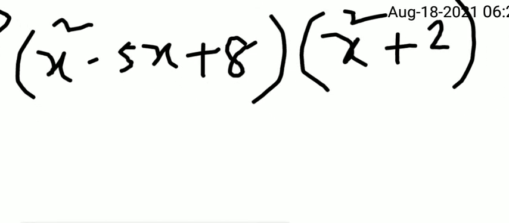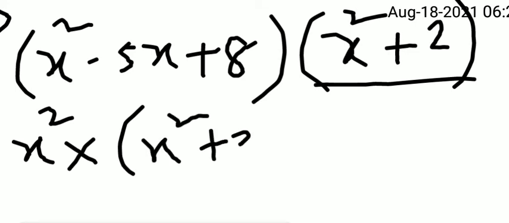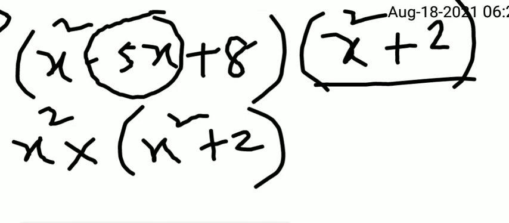So every process is the same. First you have to multiply x square with the total terms x square plus 2. So x square into x square plus 2. Then minus 5x, this minus 5x multiplied with x square plus 2.